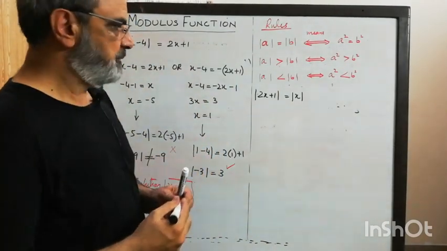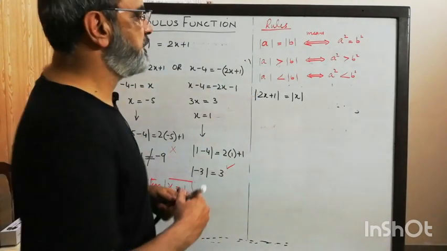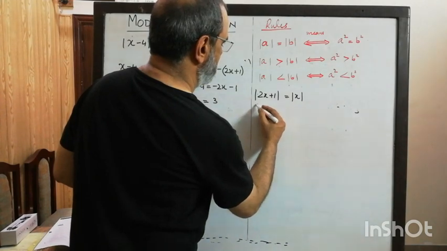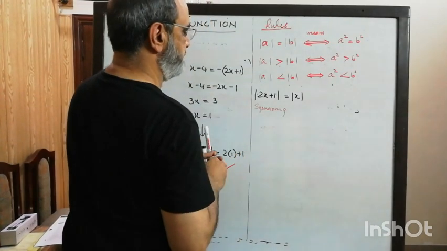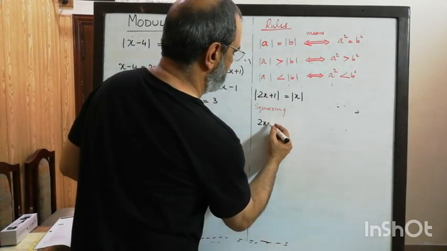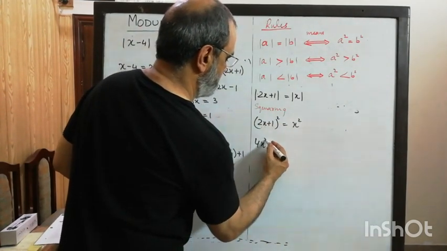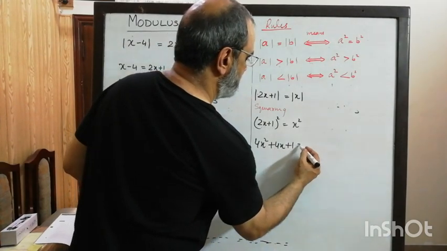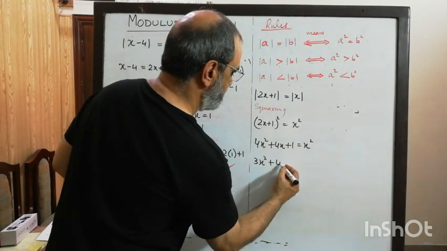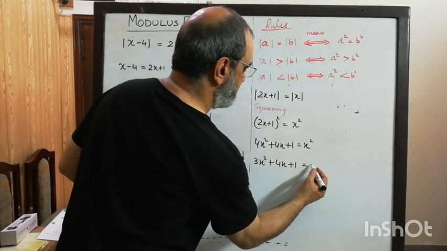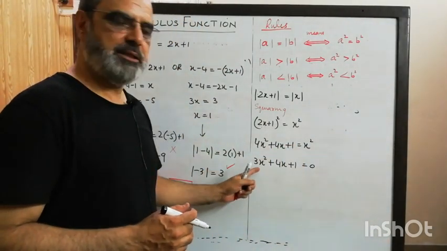Modulus of x plus 1 is equal to modulus of x. So squaring both sides gives me an equation, and to find the value of x, I have to factorize this equation.